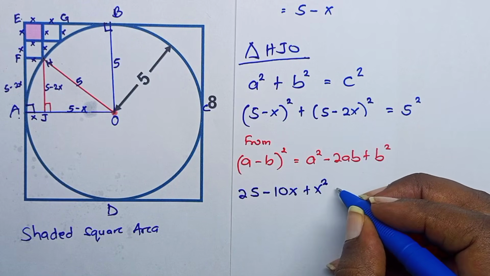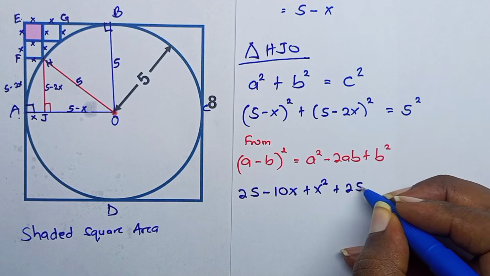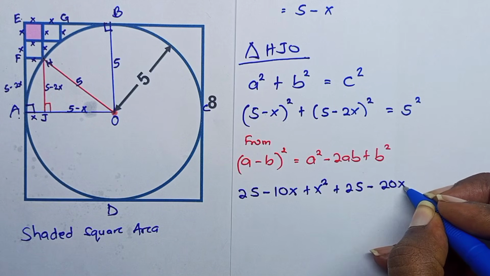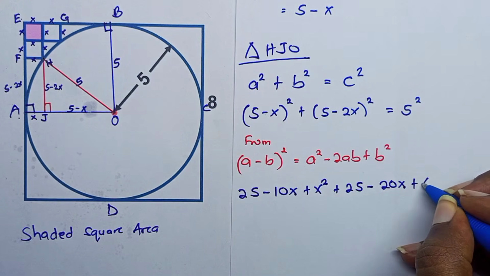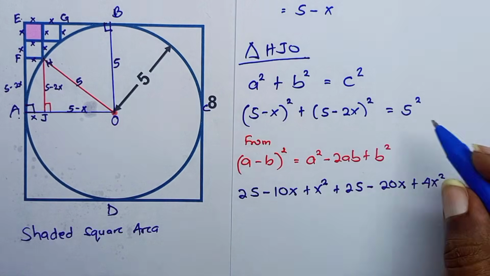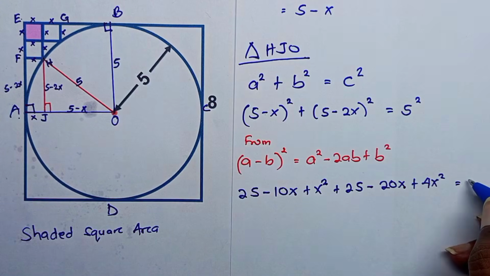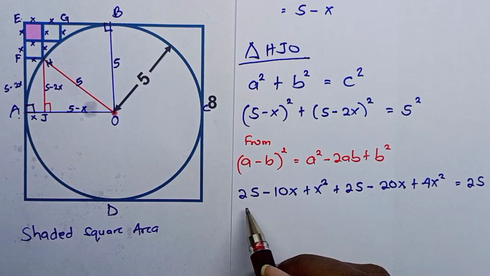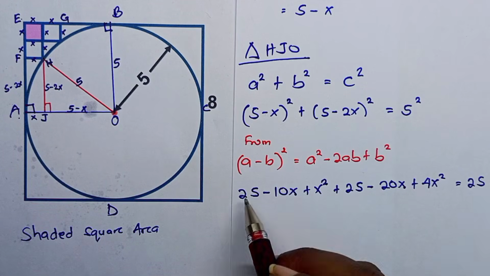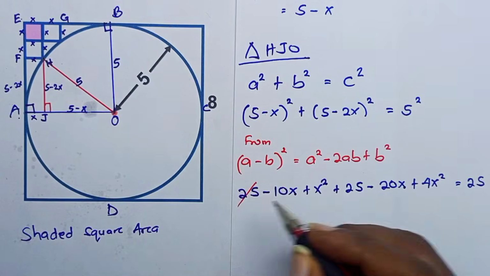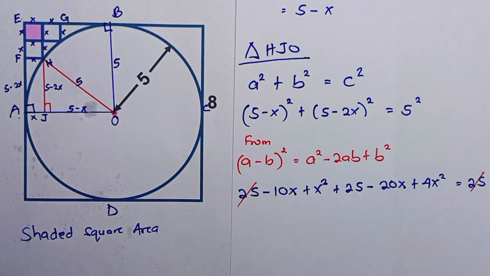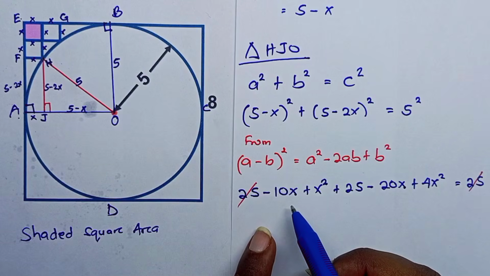Then this here will become 25 minus 20x plus 4x squared. This is equal to 5 squared, which is 25. Now as you can see, this 25 cancels with this 25.